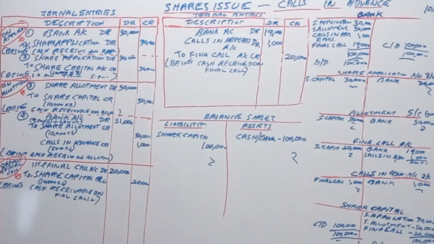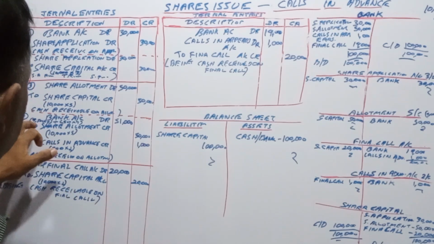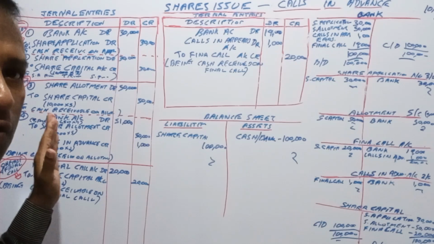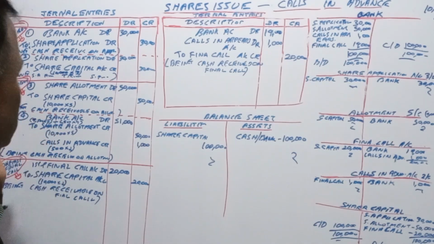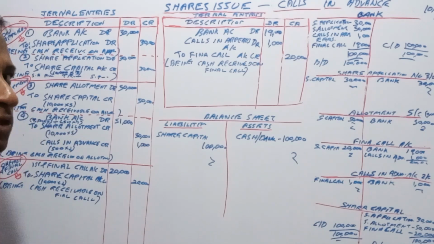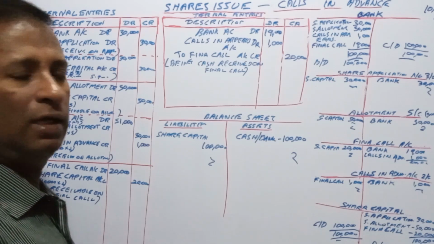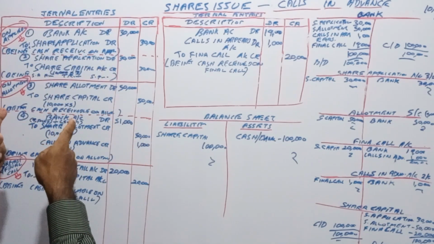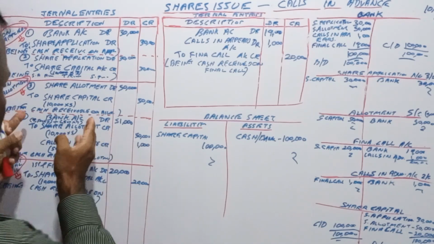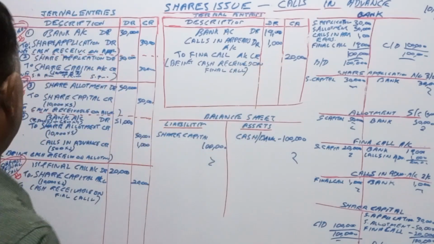You are receiving at the bank 9,500 shares at the rate of 5, and 500 shares which is relevant to John, you are receiving at the rate of 7 rupees because he is paying 2 rupees call money also together with the allotment. So whatever you receive, you have to debit it to the bank account. You have debited to the bank account.